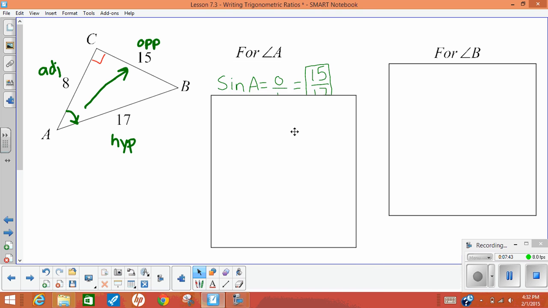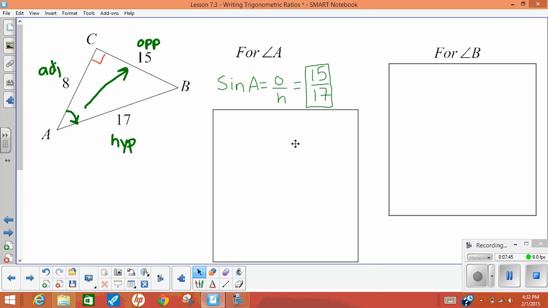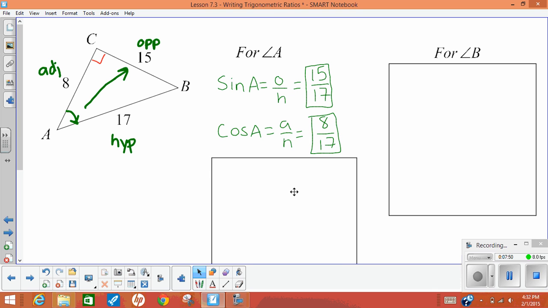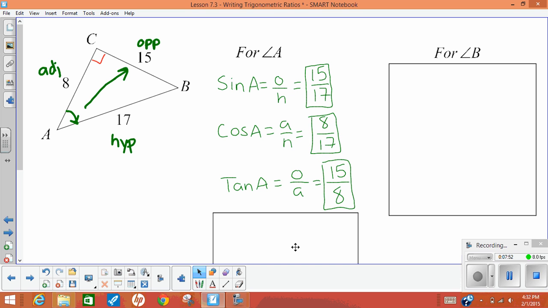So that gives me a sine, which is 15 over 17, cosine, which is 8 over 17, and a tangent, which is 15 over 8.